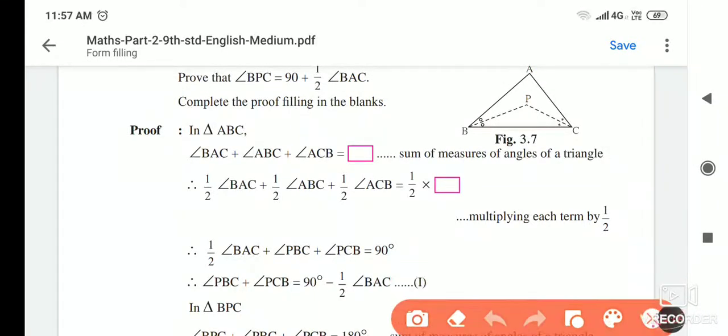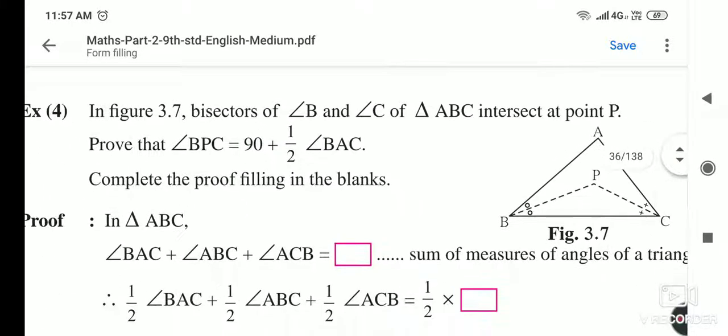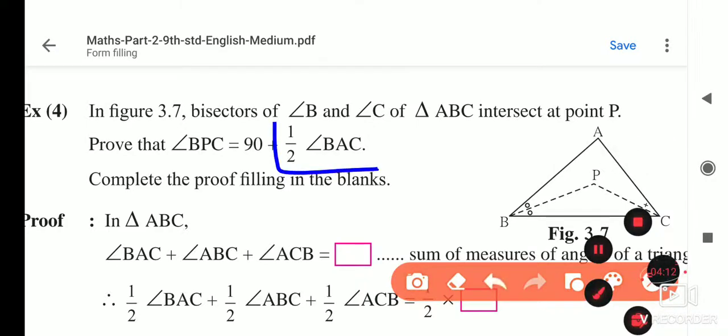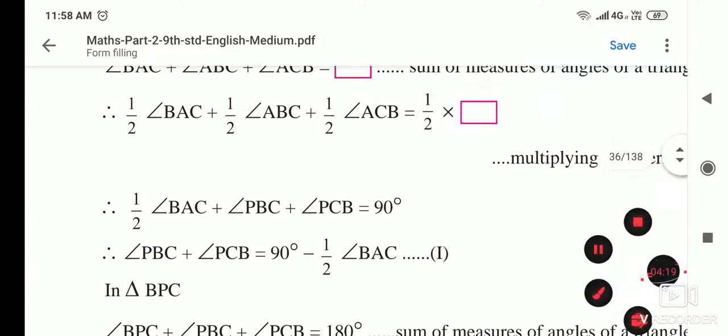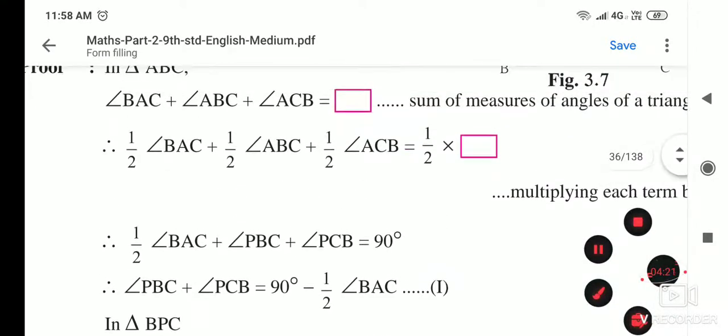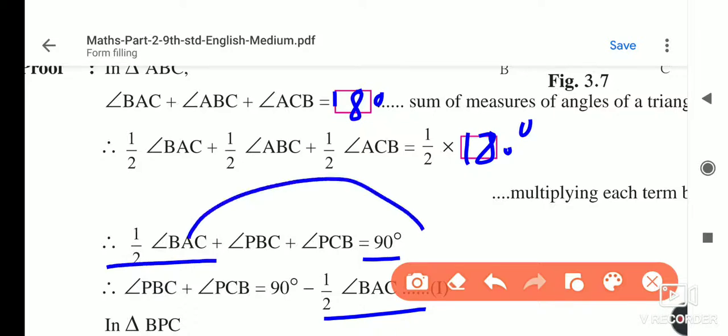The next step is, in the question, what do we want? 1 half BAC. So what will we do here? 1 half BAC, we will take to this side of 90, and 1 half BAC we will take to this side of the equation.